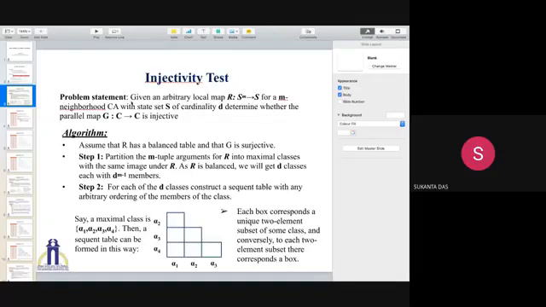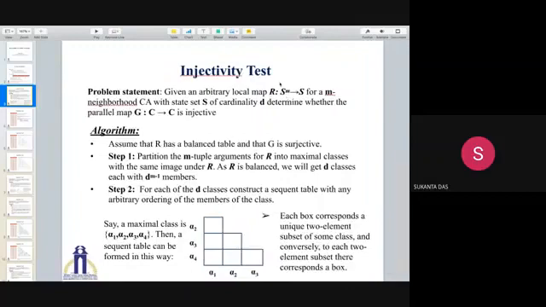Here, R is not injective, it cannot be, because in the domain it has d to the power m entries, whereas in the codomain there are only d entries. From this definition you can understand. Here you have s to the power m entries.